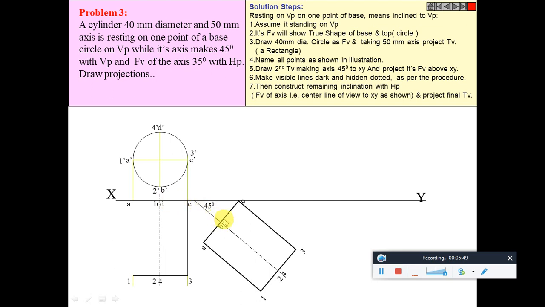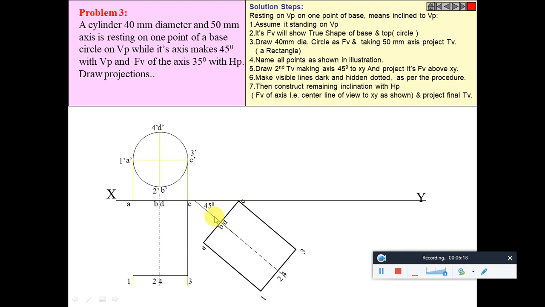And now after drawing this perpendicular line, use your set square. Suppose the bd and c distance is going to be 20 mm, obviously it will be 20 mm because the diameter is 40, so the radius is going to be 20. Using your set square, just move it and ensure that this bdc distance should be 20 mm, and this should be perpendicular.